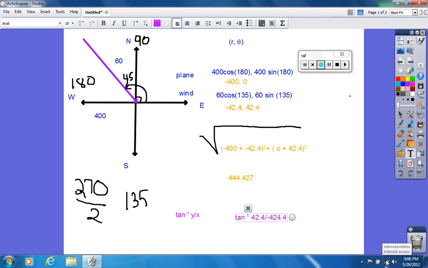When I take out my calculator and do this, 42.4 divided by -442.4, I get -5.7. Because it's an angle, the negative is just simply the direction, so the angle ends up being 5.7. I hope this helps.